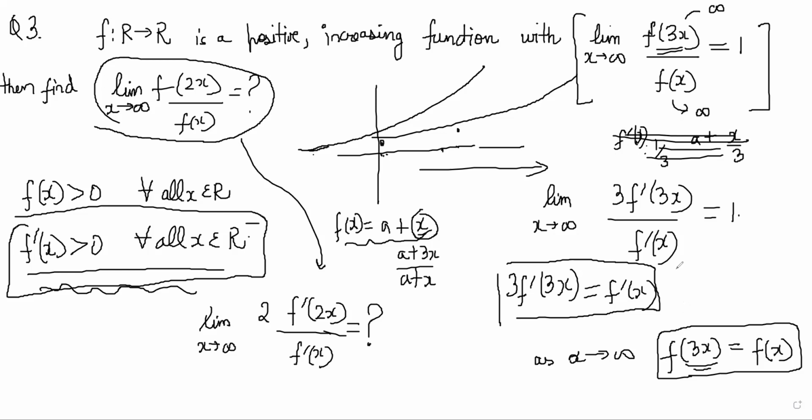What function will be such that f of 3x tends to f of x? It cannot be polynomials, it cannot be e power x, because e power 3x would not give the same limit.